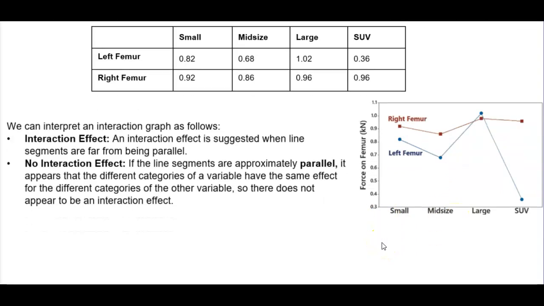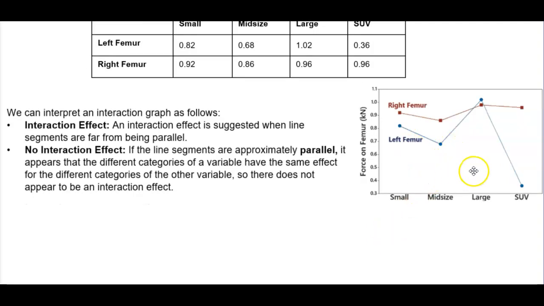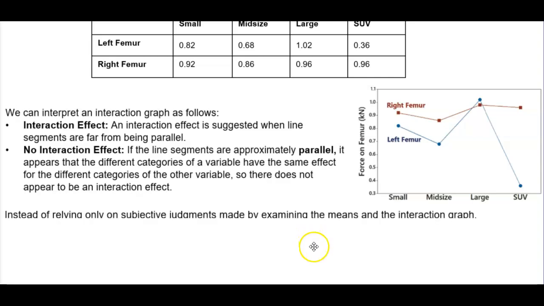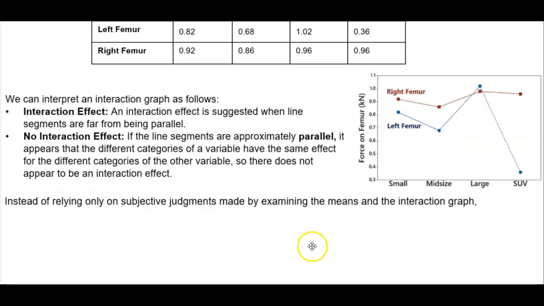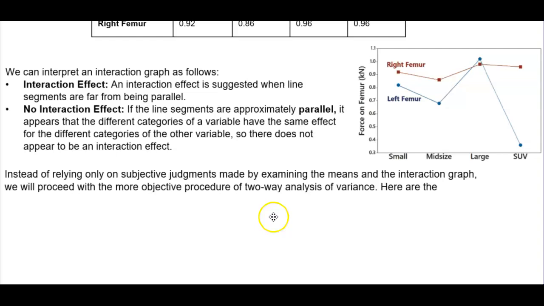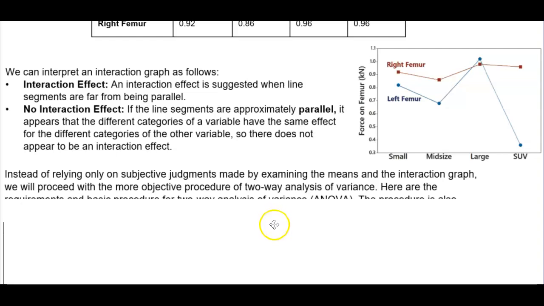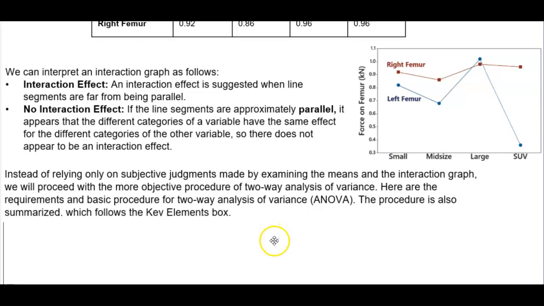So there does not appear to be an interaction effect looking at this particular graph. Now, instead of relying only on subjective judgments made by examining the means in the interaction graph, we will proceed with the more objective procedure of the two-way analysis of variance.